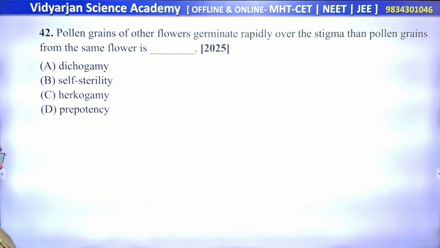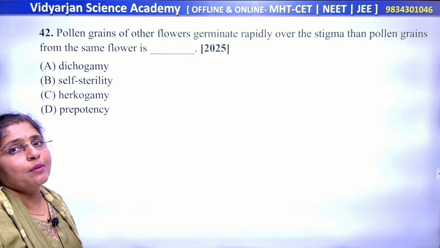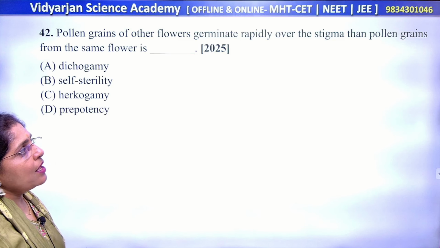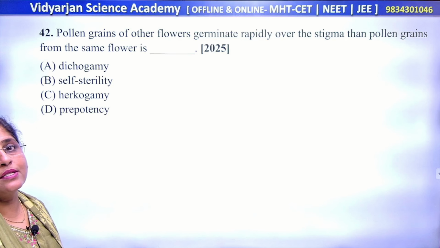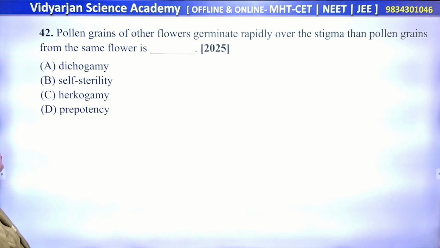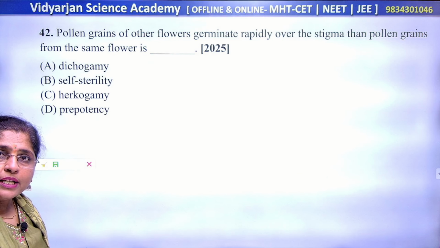Now question number 42. Pollen grains of other flowers germinate rapidly over the stigma than pollen grains from the same flower is dash. What are the options given? A is dichogamy. Number two is self-fertility.